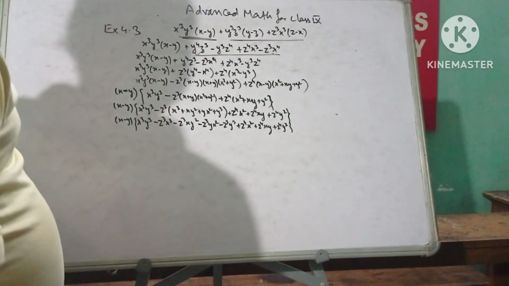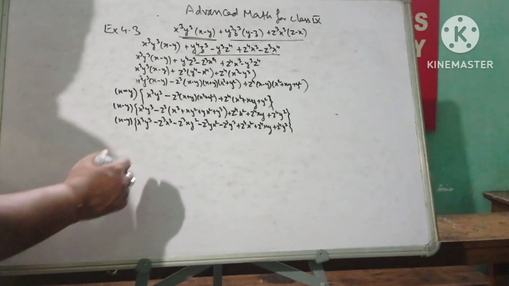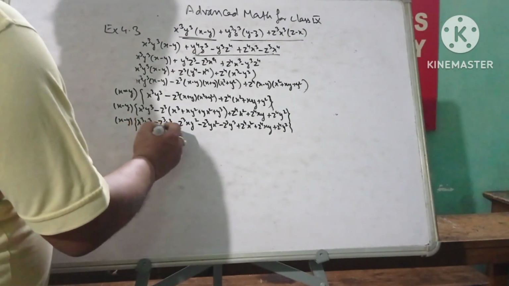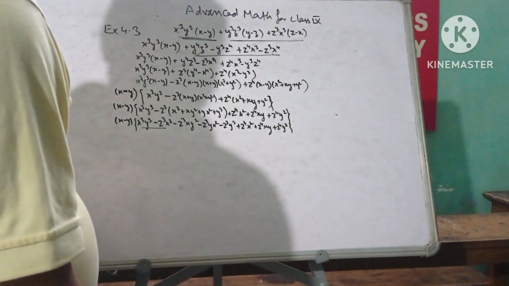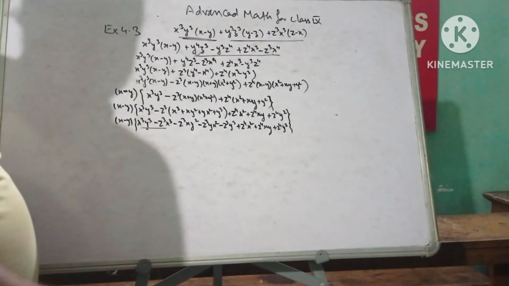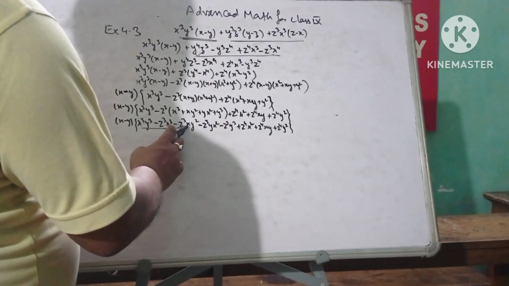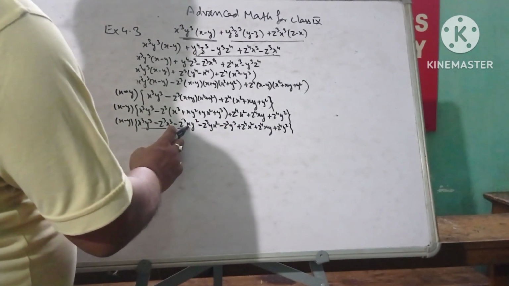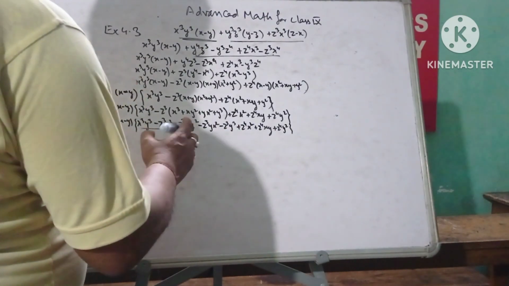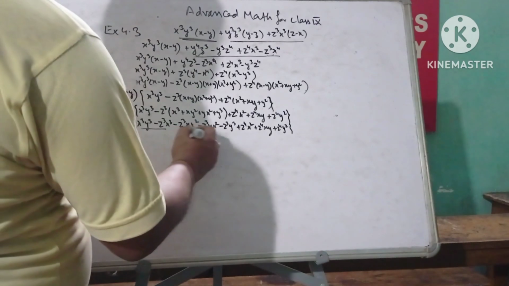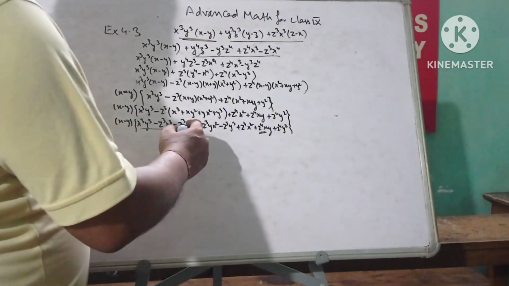Now I am going to search for y minus z. So y minus z. This is y minus z. Y minus z again. Here this and this will give you y minus z. There you can see.